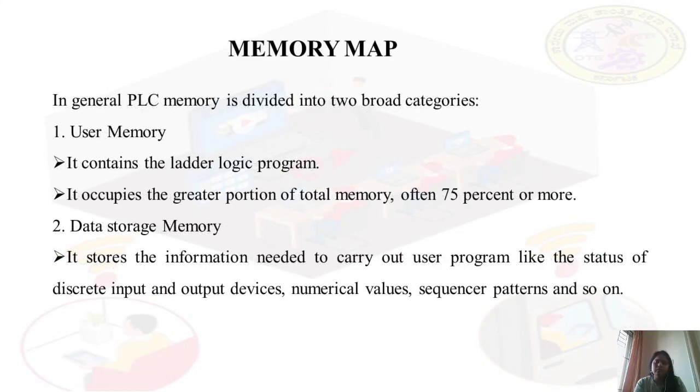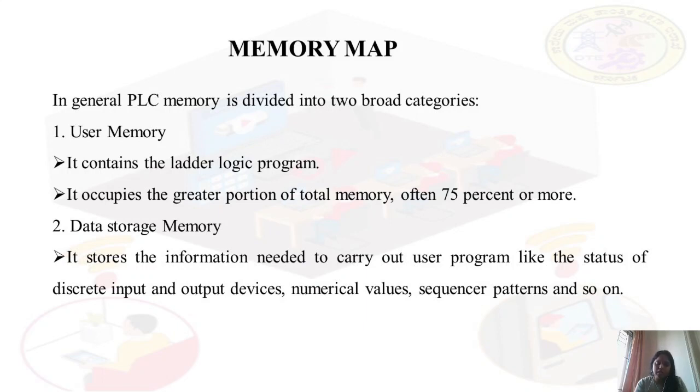And the memory map is also how it is organized. Generally, in PLCs, the memory is divided into two. One is user memory, and the other one is the data memory. User memory means where the programmer will write the program, that is using the ladder logic program.